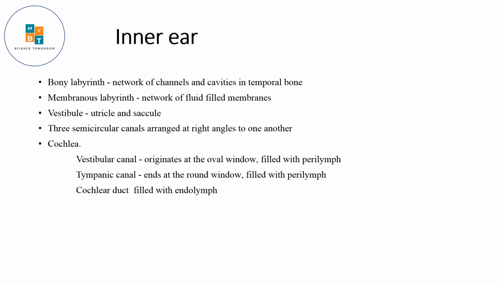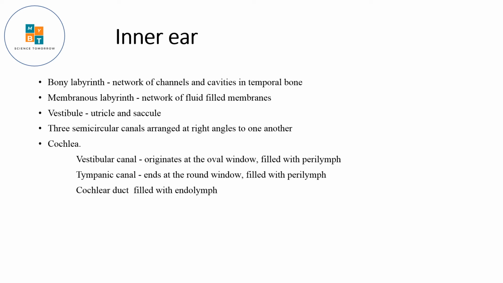The vestibular canal originates at the oval window. Remember that the oval window is connected to the vestibular canal, which goes through the upper part and, after the coiling, comes to the lower part. The lower part is called the tympanic canal, and it ends at the round window.